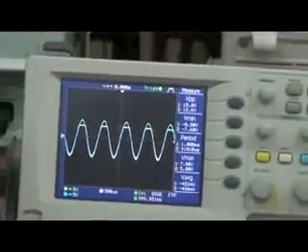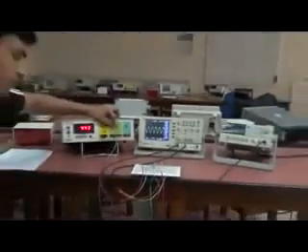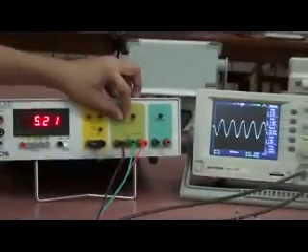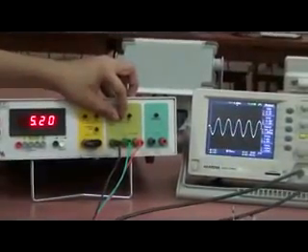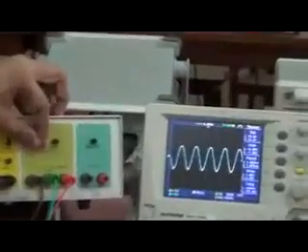So if we vary this, we can see the change in the waveform as we vary the voltage VB. As we go on increasing the voltage, the clipping is less, as we can see.